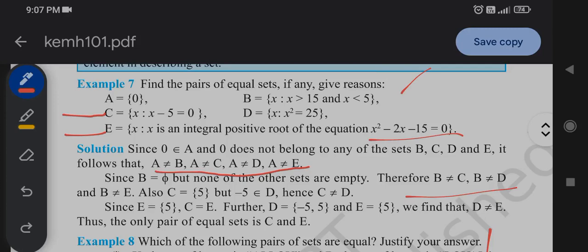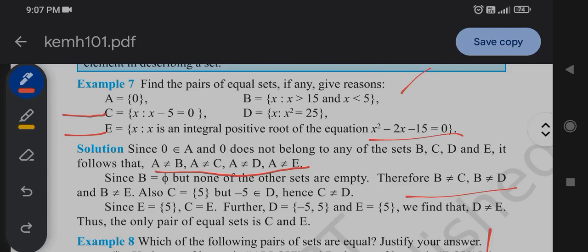B is equal to x such that x greater than 15 and x is less than 5. C is equal to x such that x minus 5 is equal to 0. D is equal to x such that x square is equal to 25. E is equal to x such that x is an integer positive root of the equation x square minus 2x minus 15 is equal to 0.